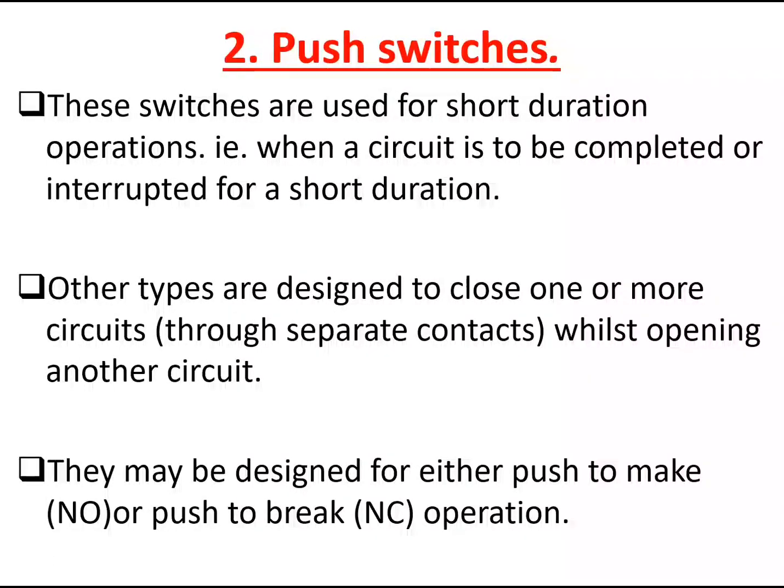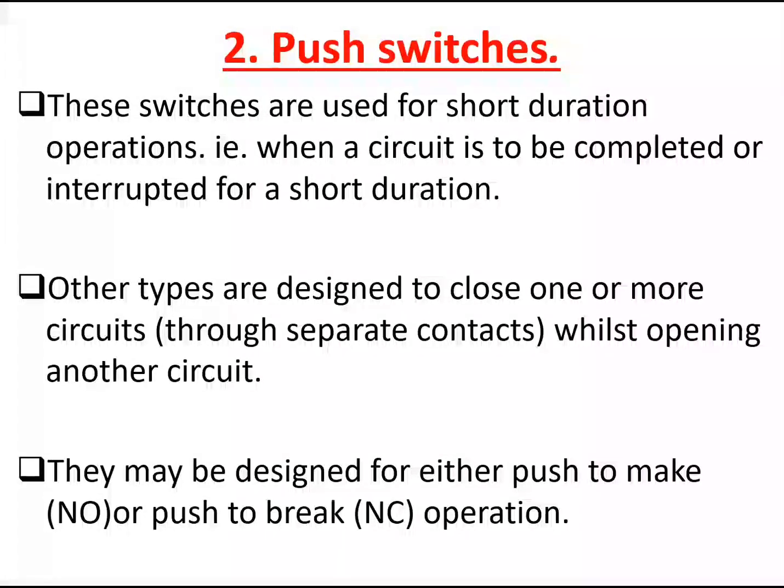Number two, push switches. These are used for short duration of operation when a circuit is to be completed or interrupted for a short duration. Other types are designed to close one or more circuits through separate contacts while operating another circuit.